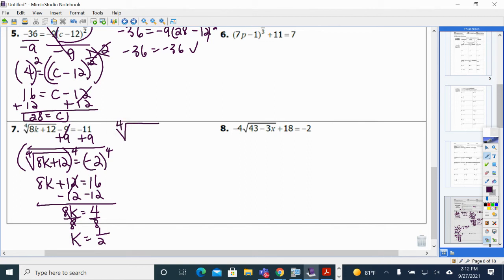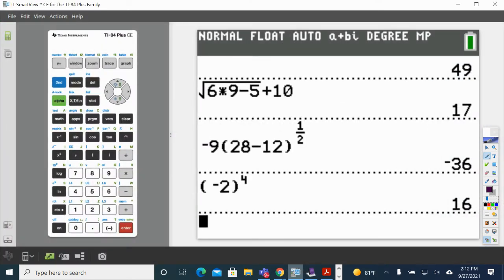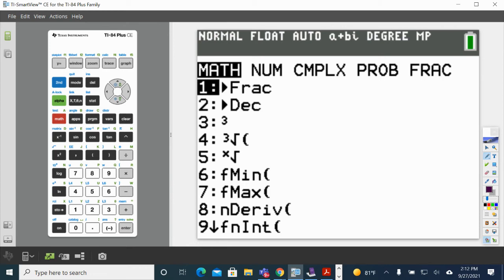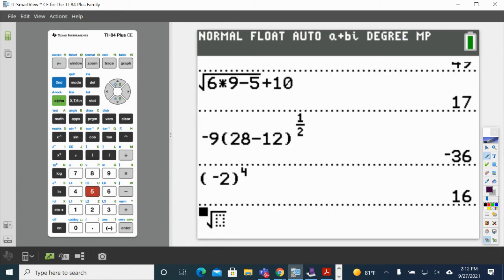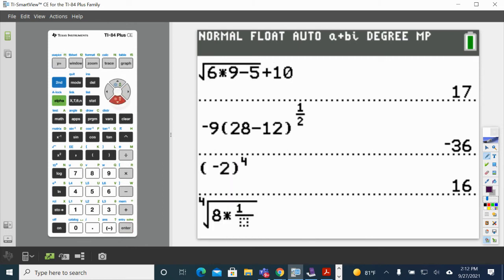So going back, putting this in to check. So 4th root. So I'm going to go to math, select number 5, put in my 4th root of 8 times 1/2, plus 12.